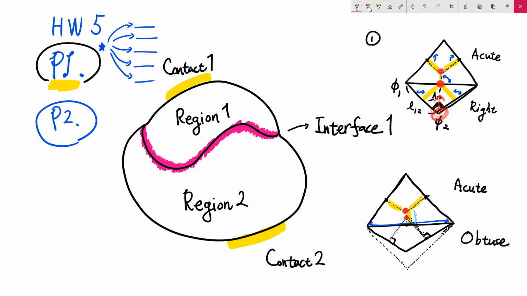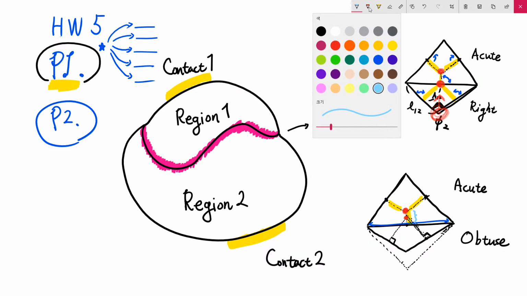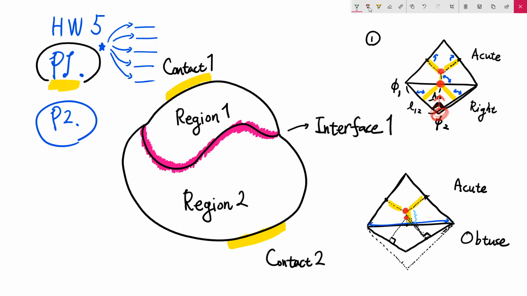So you know it. However, in reality, what is the division of our shape? In this case, our control volumes are divided this way.